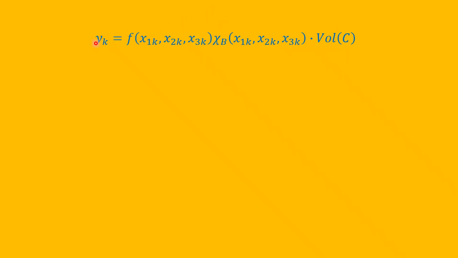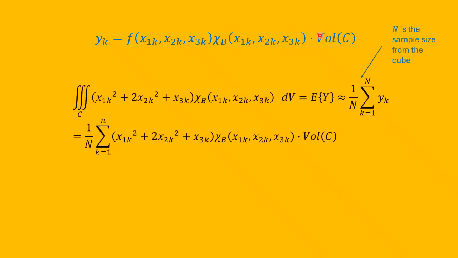So far we have that y sub k is f of one of these x, y, z points times the characteristic function of the set B at that point times the volume of the cube.